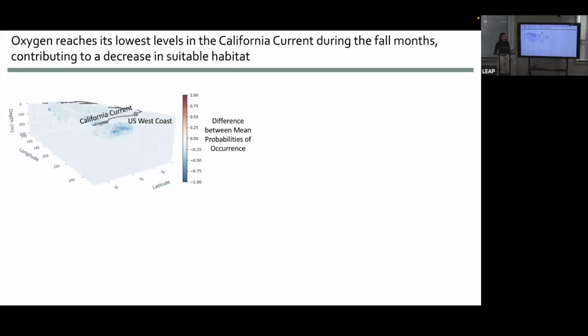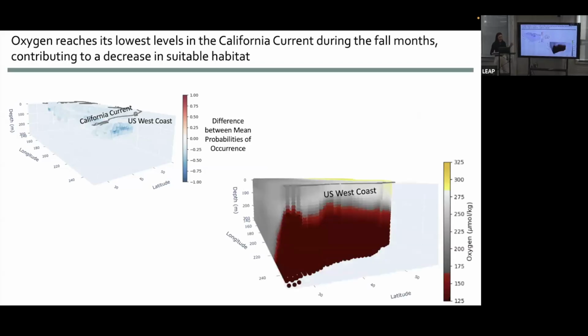And we actually find that oxygen in the upper 150 meters of the water column reaches its lowest levels in the California current during October and November. Here we're looking at a 3D slice of subsurface oxygen along the west coast of the US. The red colors indicate the threshold value of oxygen that's been cited for albacore tuna.